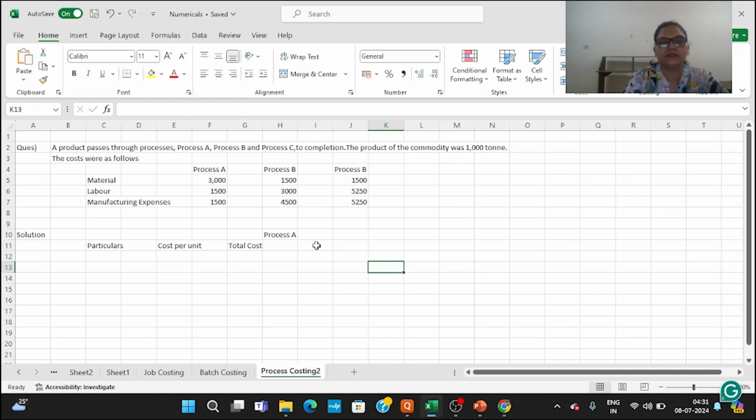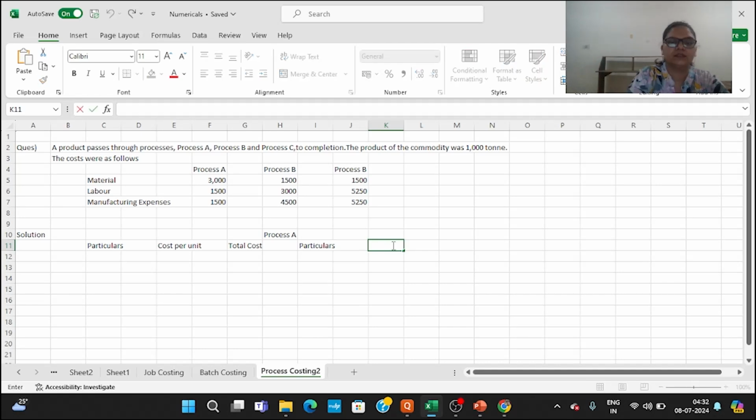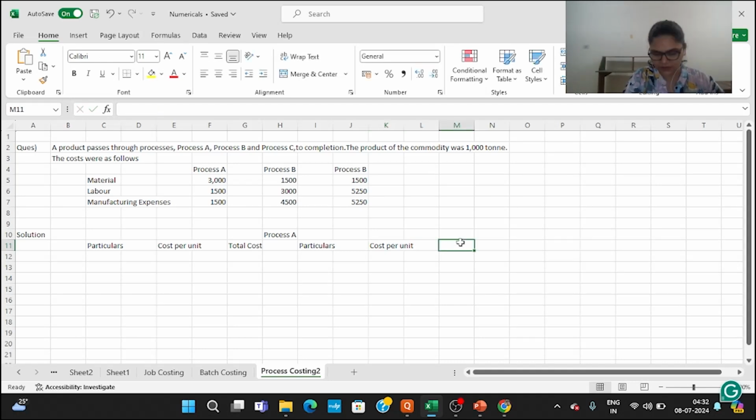Next is the other side: particulars, cost per unit, and then total cost.